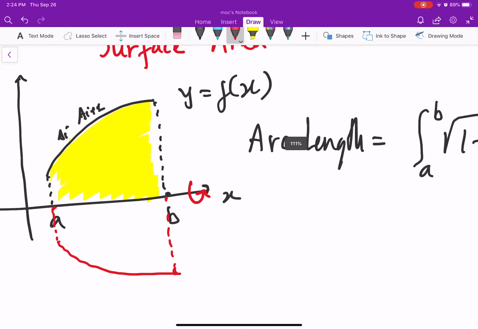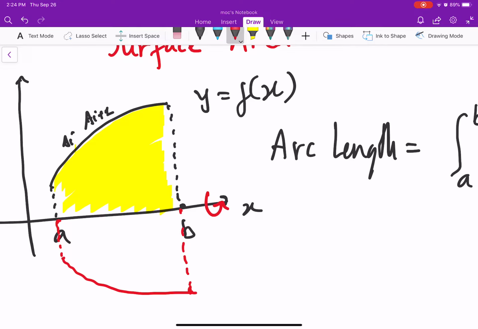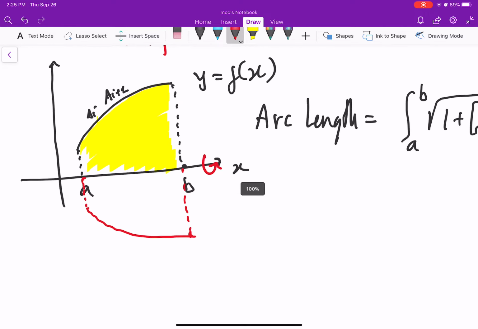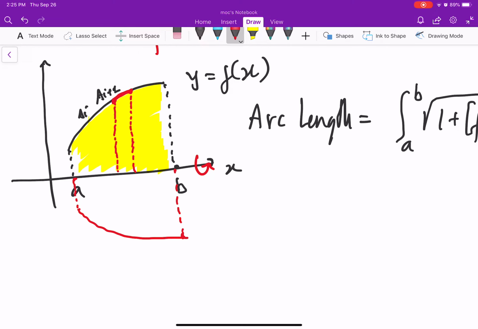All right, so let's do this. Again, I will consider some small pieces here. In order to find the surface area of each small piece, I need to approximate the surface area of this piece by the surface area of the corresponding frustum.